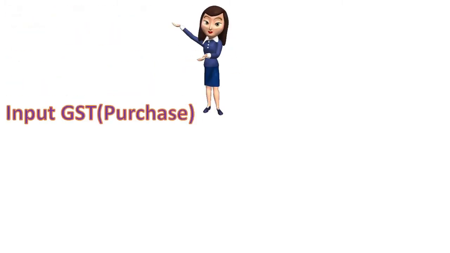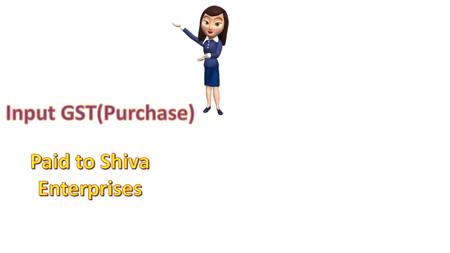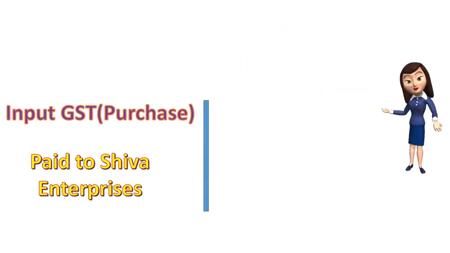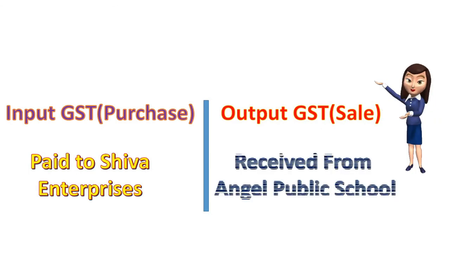Now let's understand the GST calculations from our problem which we have solved using Tally. In our problem, we have paid GST, that is input GST, to Shiva Enterprises on purchase of CCTVs, and we have also received the output GST on sale of CCTV to Angel Public School.